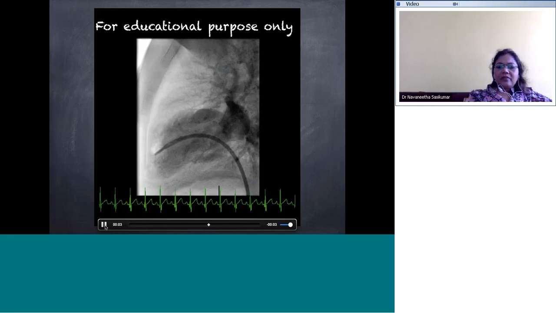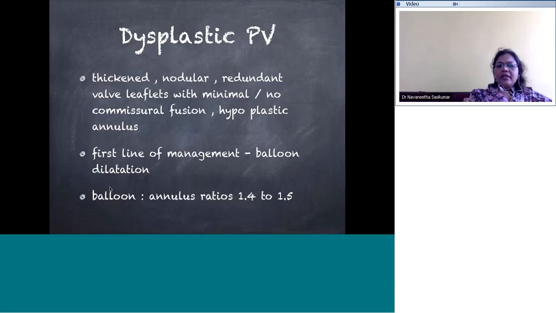So now we will discuss a little bit about this entity. Thickened, nodular, redundant valve leaflets with minimal or no commissural fusion and hypoplastic annulus. It is not thin, it is essentially thick, and you will not see the typical doming movement.